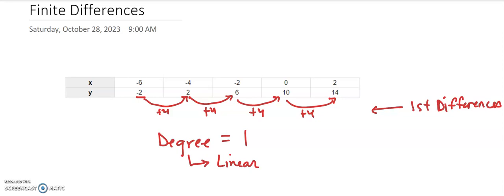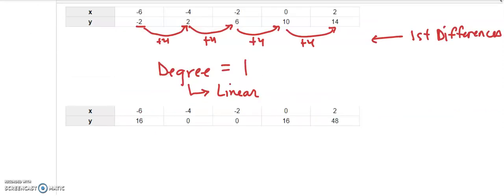Let's check out another example. We have another data table that gives us different ordered pairs that our function passes through. We're going to use finite differences to determine the degree of the function, or what class or family of functions this particular data set fits with.